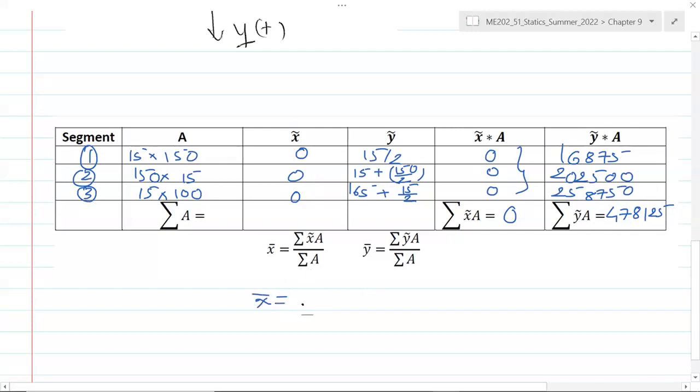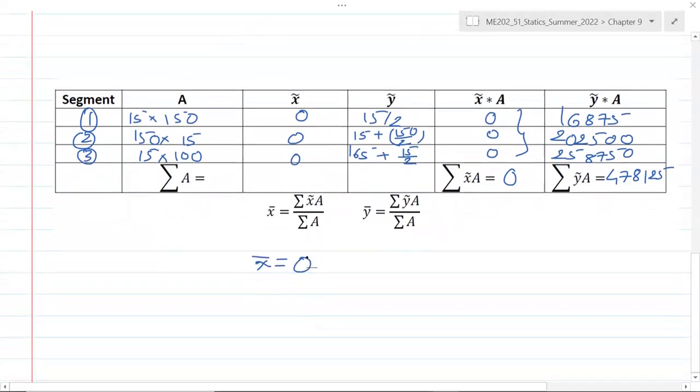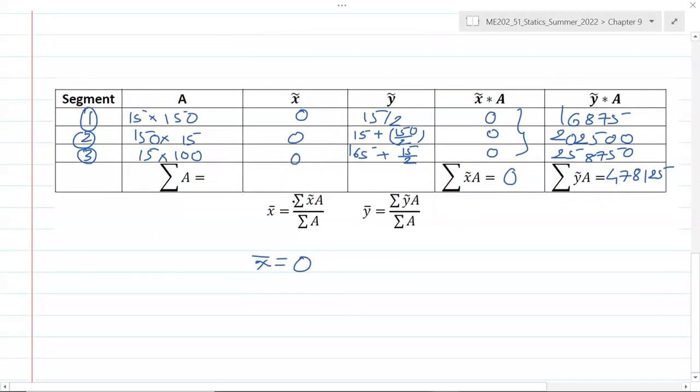So x bar is 0 because this numerator is 0 here. And sigma A, by the way, we haven't added that here, but sigma A is 6000, the sum of all these three numbers. And now for y bar, it's sigma y tilde A, which is this number 4788125, divided by sigma A, which is 6000.